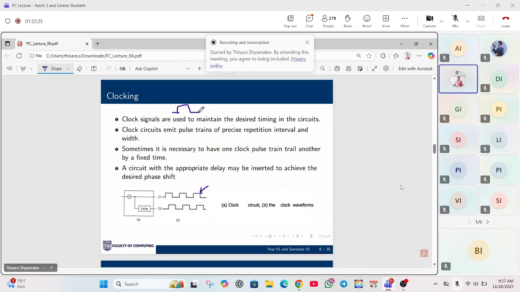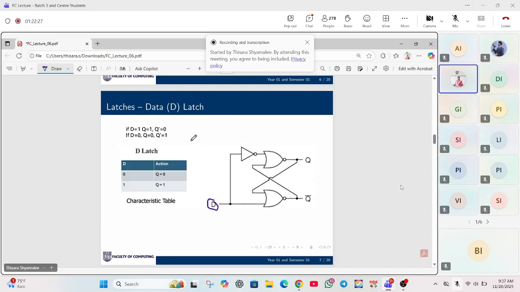If we add the clock signal to a latch, it becomes a flip-flop.